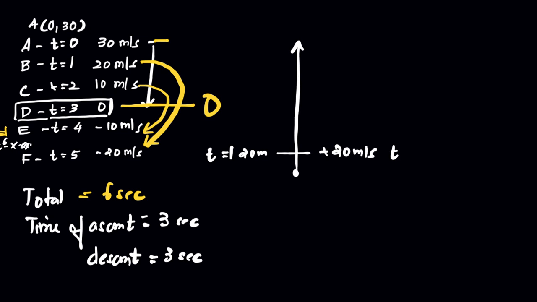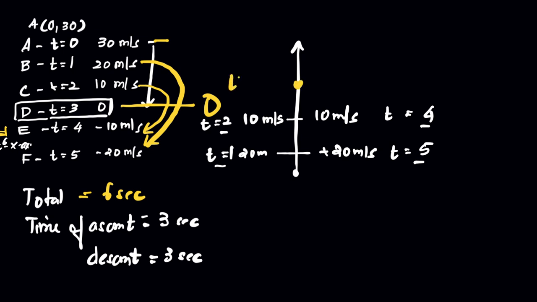The time would be t is equal to 5 seconds. Now, when the body is even higher, the velocity would reduce in the ascent, which means the velocity would be 10 meter per second here, and the corresponding time is t is equal to 2. But when the time is 4 seconds, the speed would be the same again. So times 1, 2, 4 and 5, which means at time t is equal to 3, the body is momentarily at rest.